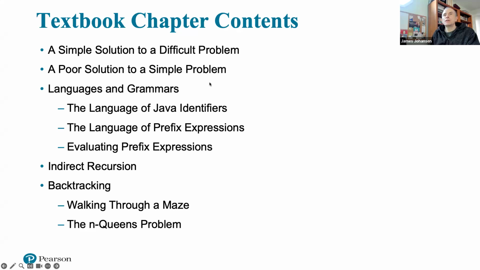We'll also be thinking about languages and grammars. We can be thinking of how we can be applying recursion to some interesting problems. We talked about going from infix to prefix or postfix. Those are things that we'll have. We'll also introduce something called indirect recursion.